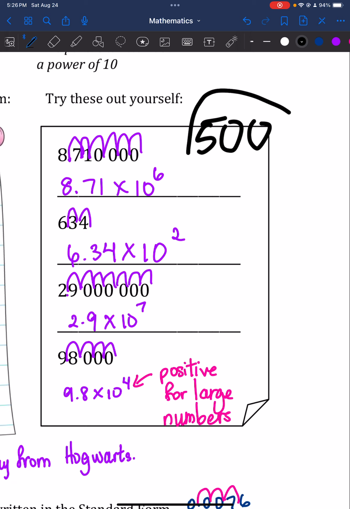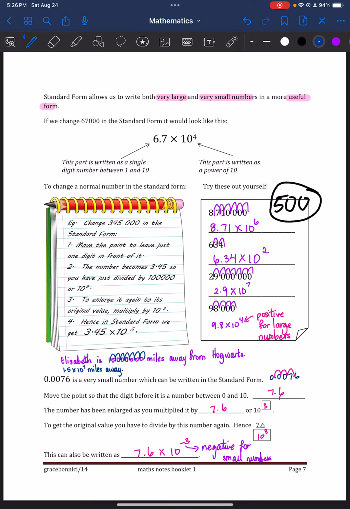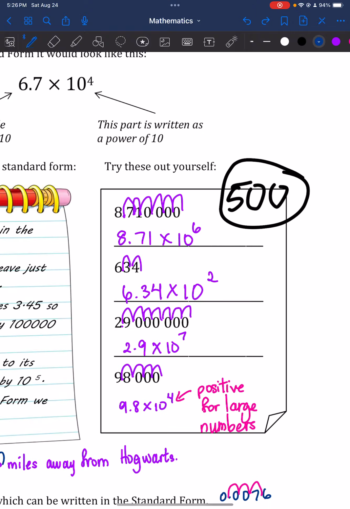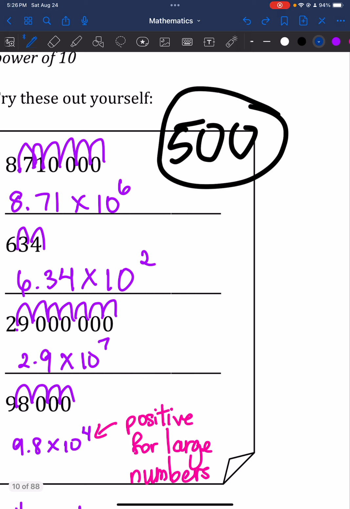But if I say 500, express it in standard form. And remember, I was telling you in class that in standard form, the first number must be between 1 and 10. So first, 500 is not between 1 and 10. If we jump 1, 50 is not between 1 and 10. 5 is between 1 and 10.